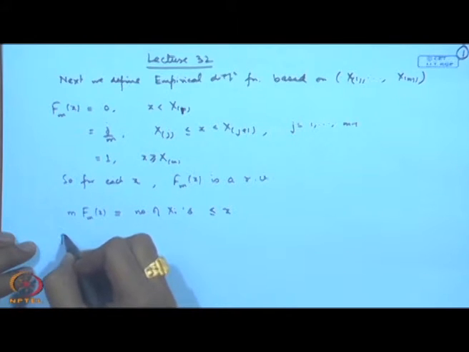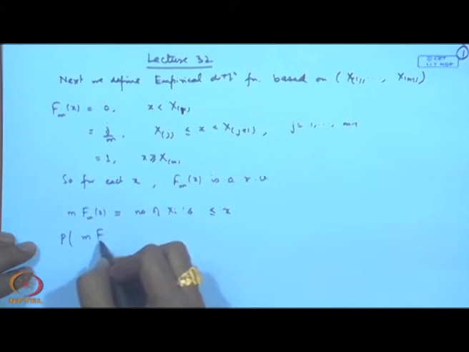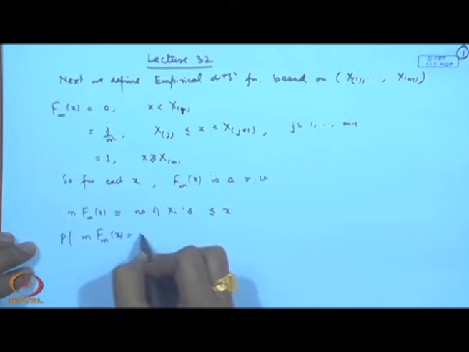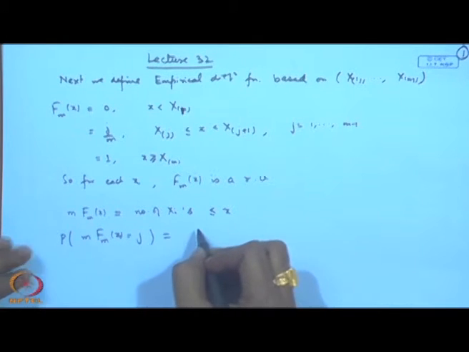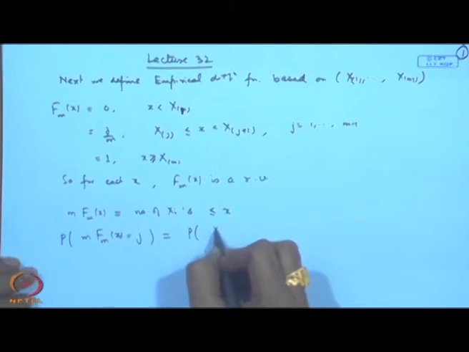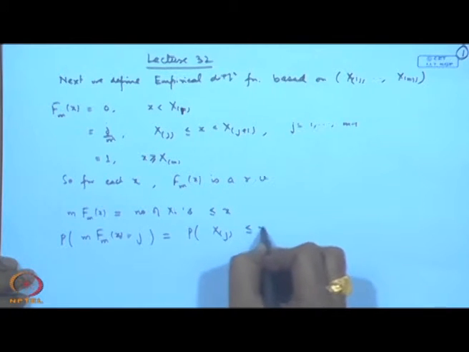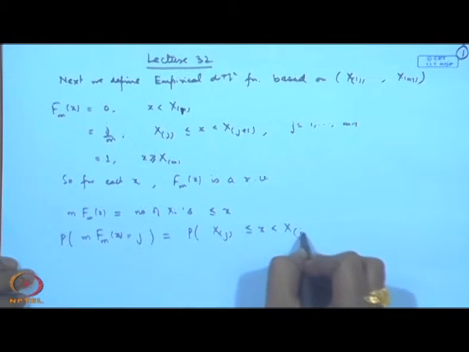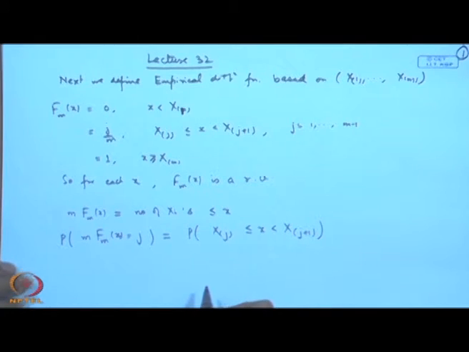So, if I consider the distribution of m times Fm(x), then that is equal to the probability of X(j) less than or equal to x less than X(j+1). Now, we can consider it in the following fashion.